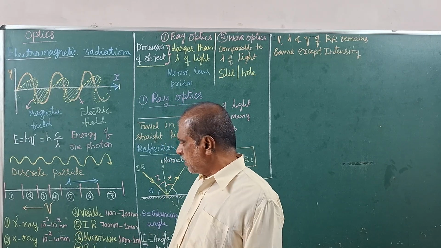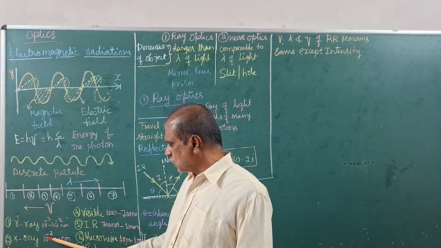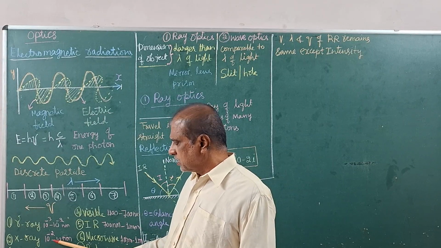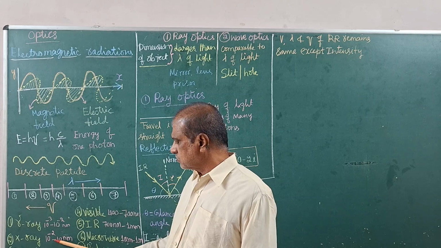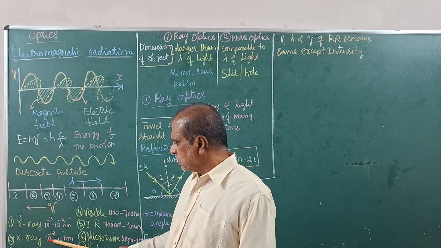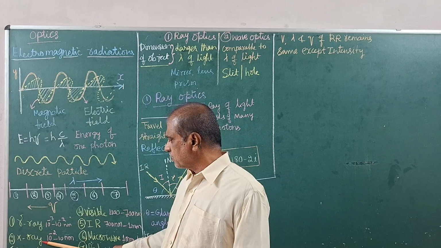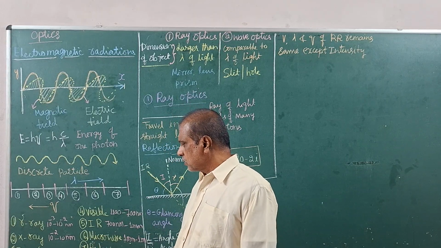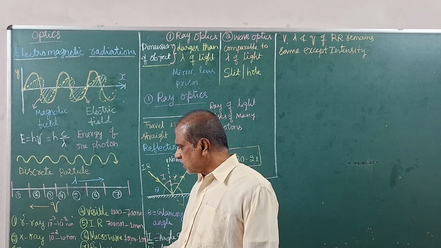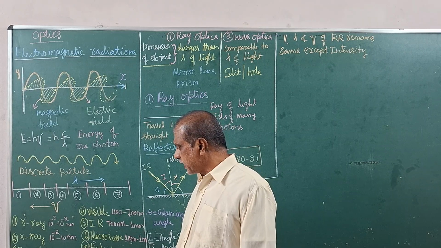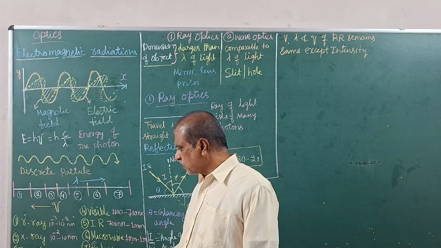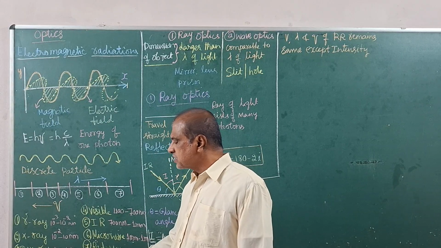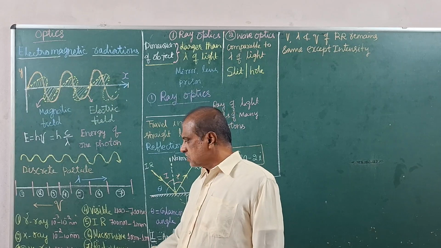If the wavelength is 10 to the power of minus 2 to 10 nanometer, a little higher wavelength, it is called X-ray. Another range, 100 nanometers to 400 nanometers, a mixture of waves, is called UV rays.